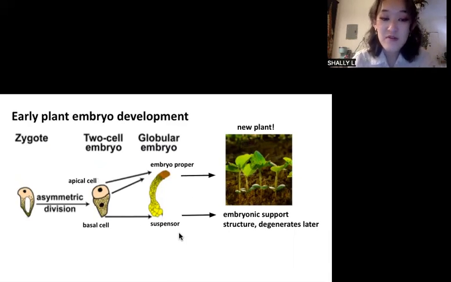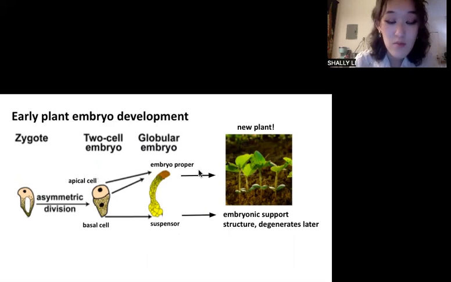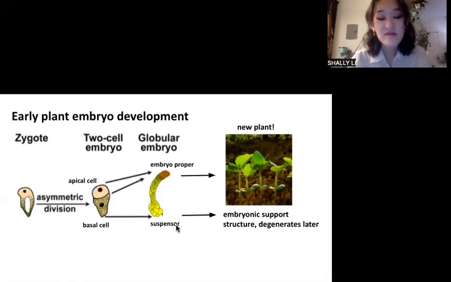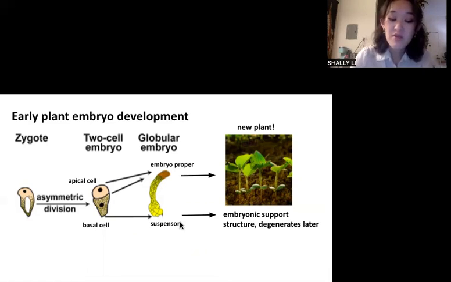And the suspensor is a temporary structure that provides support to the growing embryo proper. And the embryo proper is the part of the embryo that becomes the actual new plant. So the suspensor attaches the embryo proper to the maternal environment. And so in a sense, it is kind of like a plant umbilical cord. So obviously this is a really important structure and step in development.